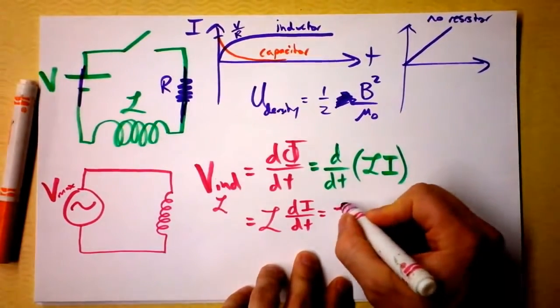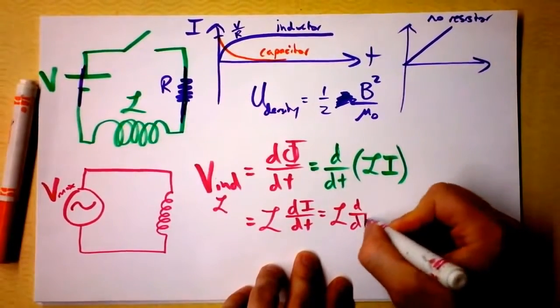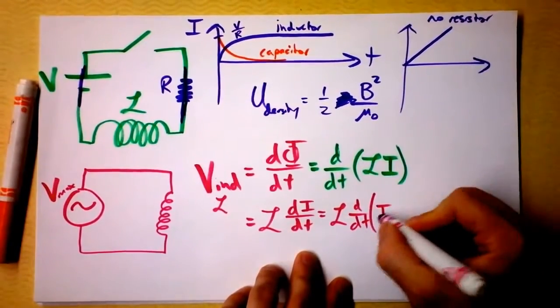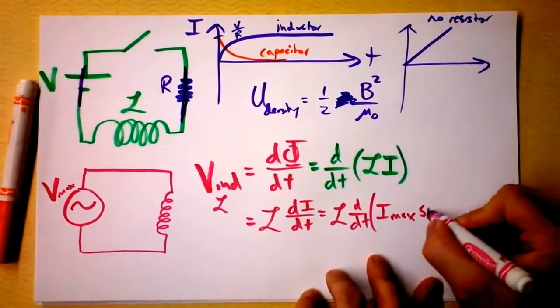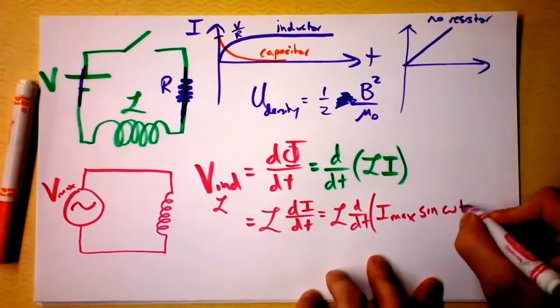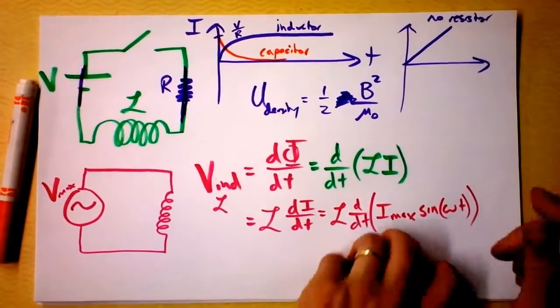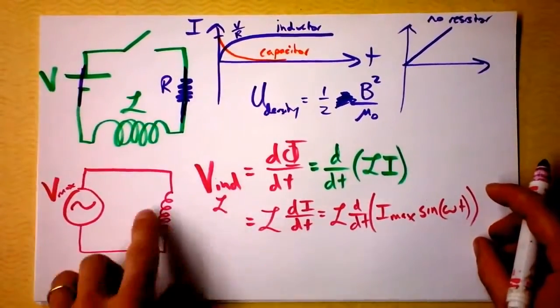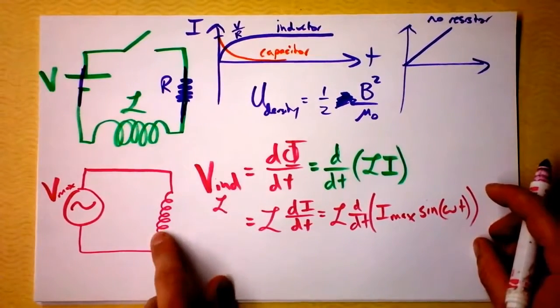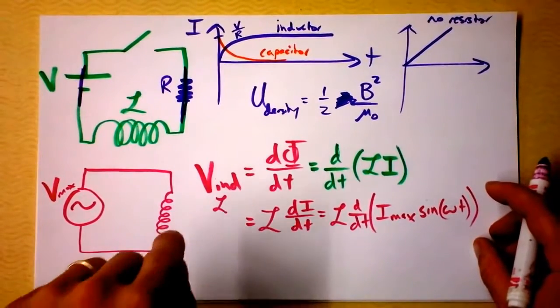This is going to be the inductance times d/dt of the maximum current through the inductor times sine of omega t. That's just the way we show the sinusoidal nature of this power supply, which is giving us a sinusoidal current in here. But the current is not in phase with the voltage again.